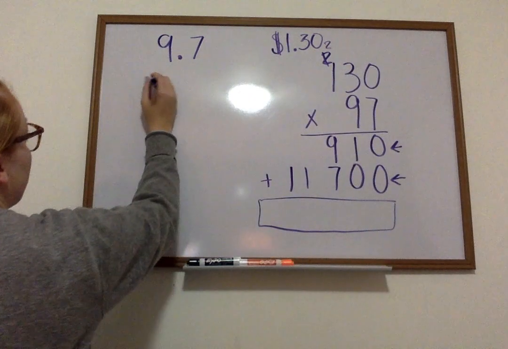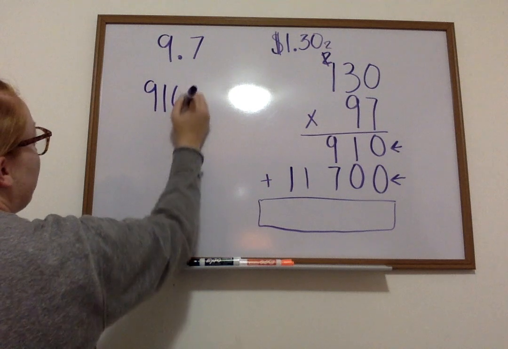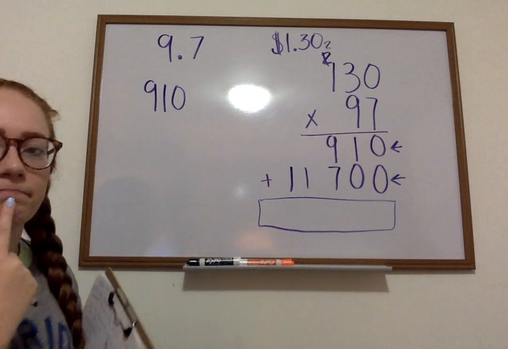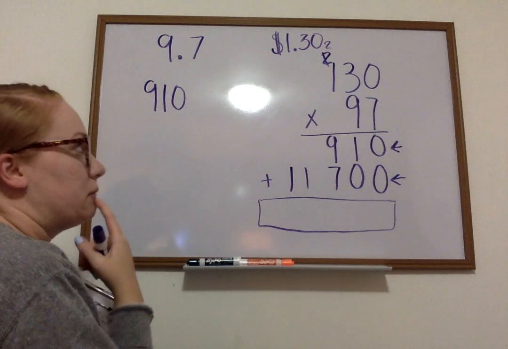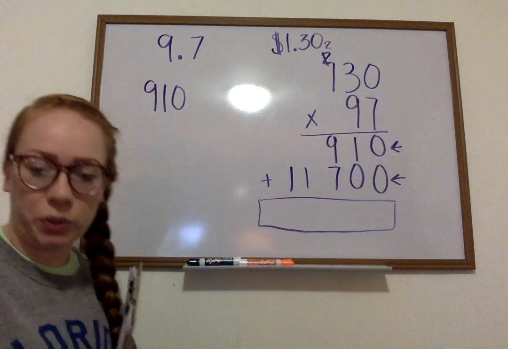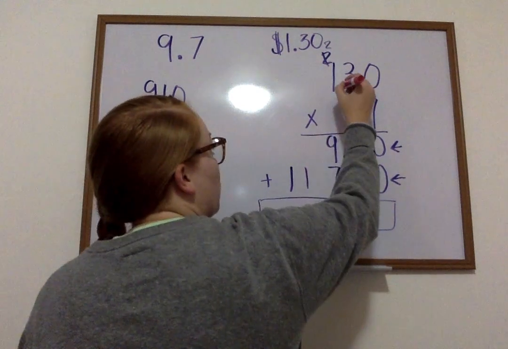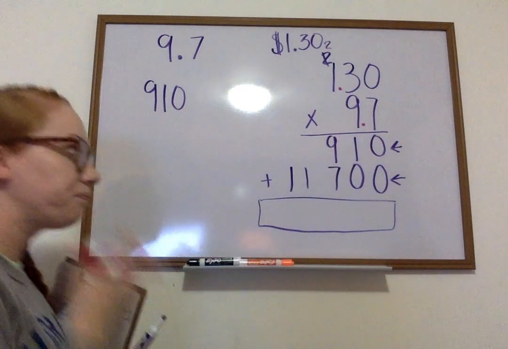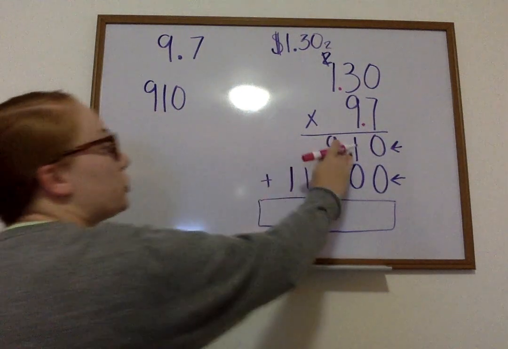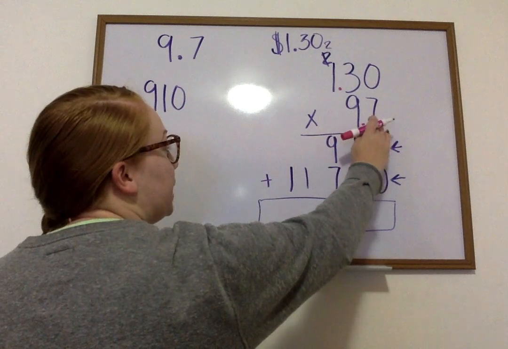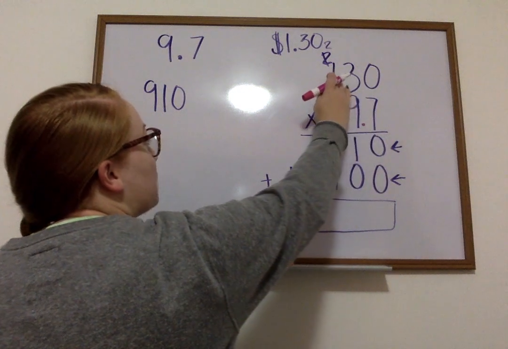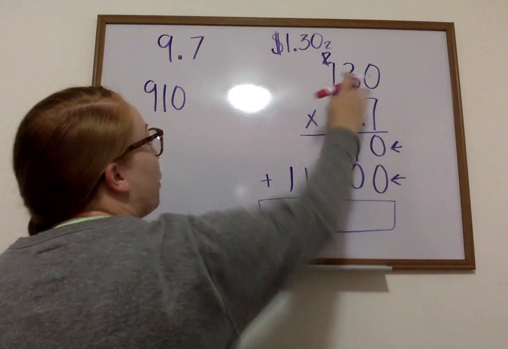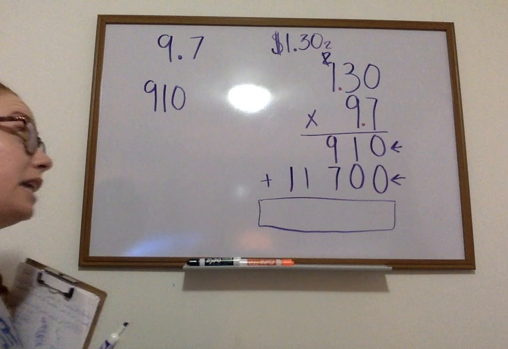So I'm going to write my 910, and then I'm going to think about my equation, which was actually 1.30 times 9.7. So my first partial product was 7/10 times 1 and 3/10.